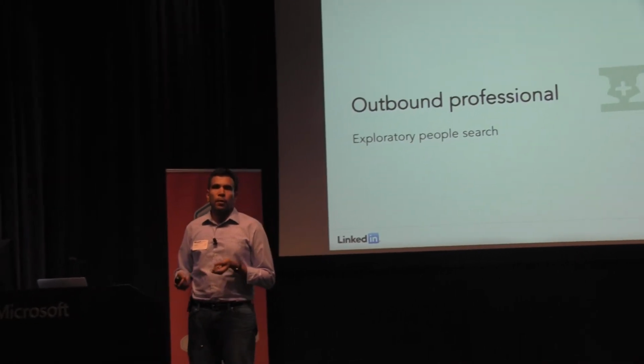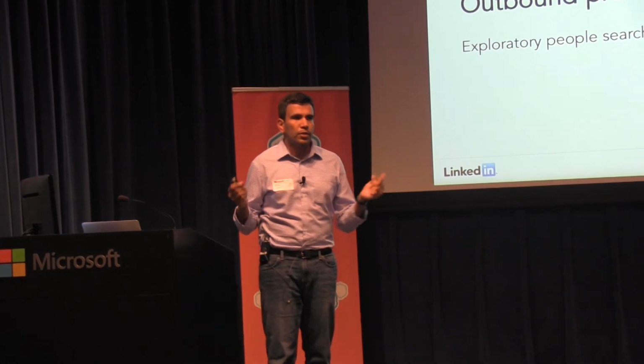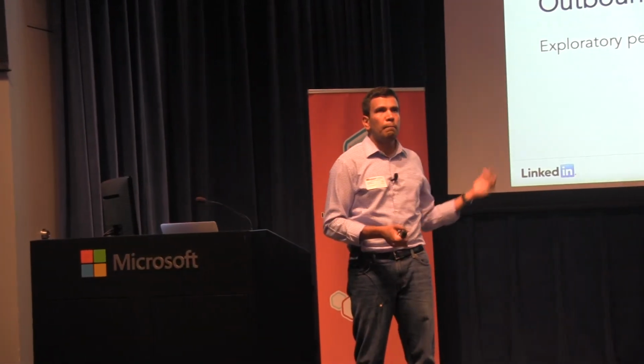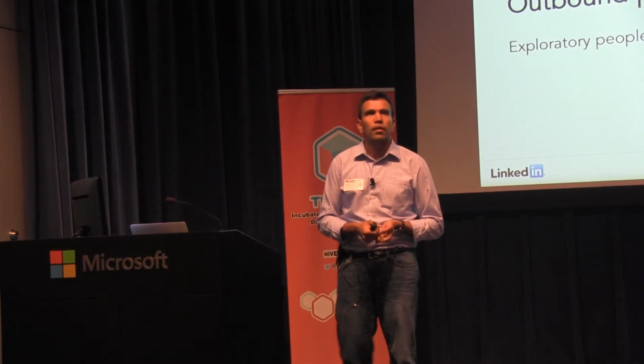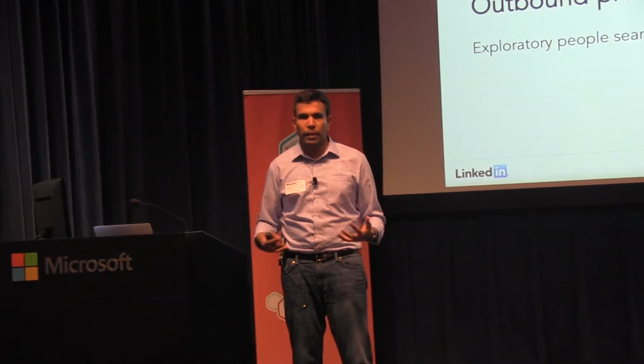But when we talk about building a product that also caters to our advanced users, our power users, it brings us to outbound professionals. They're primarily on LinkedIn to explore people, to search for people.